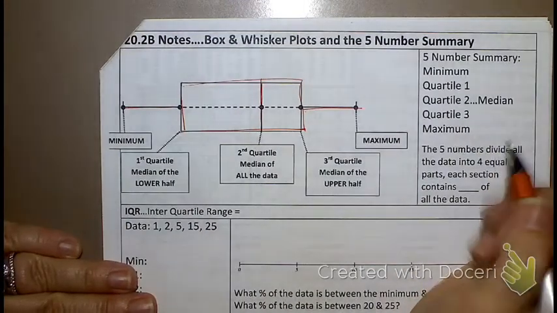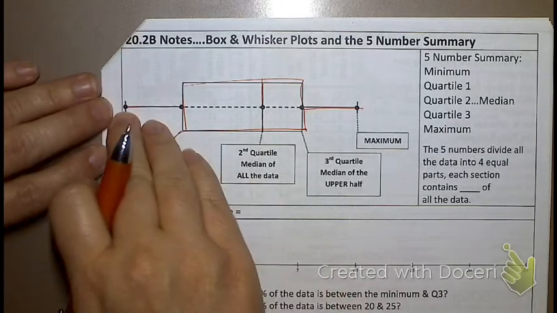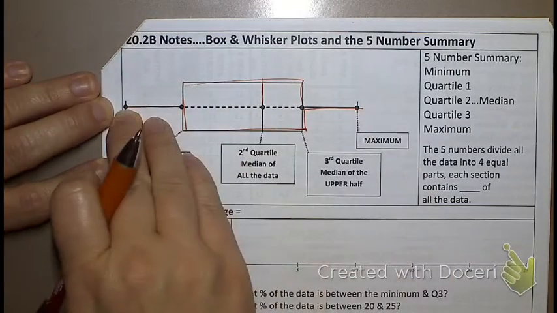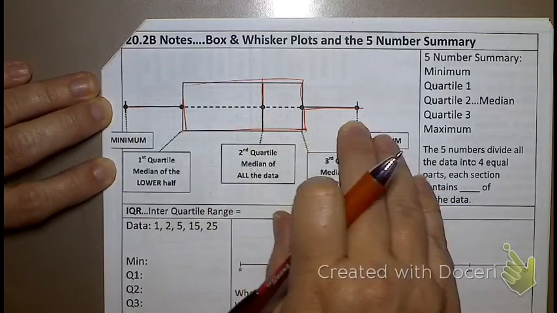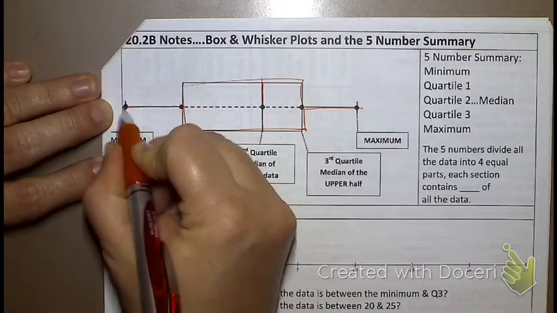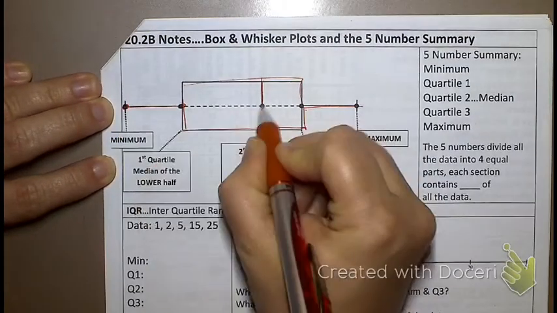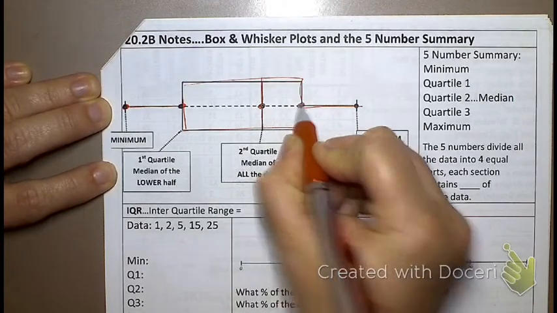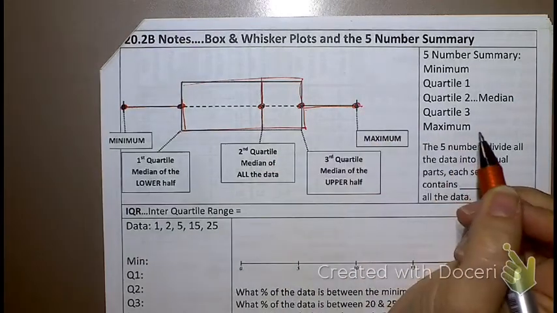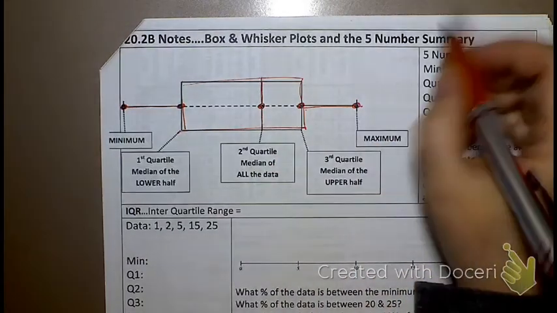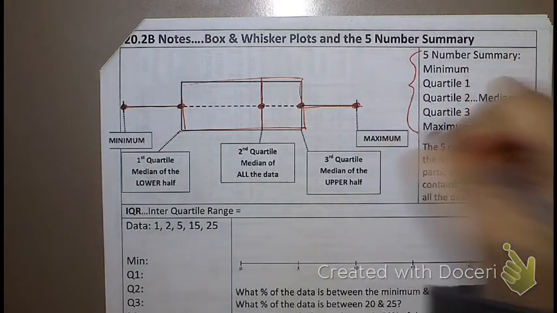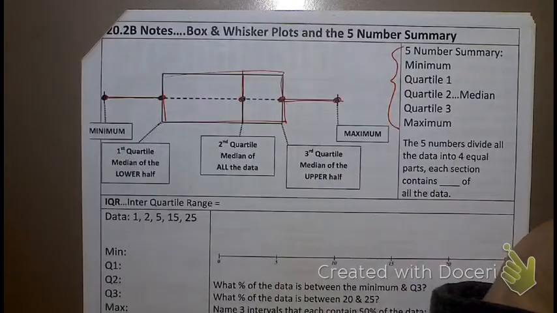The box and whisker plot, if you look at main things, you kind of want to think about this middle part as like a number line. Okay? You have 1, 2, 3, 4, 5 important points on that number line. Those 5 important points are called the 5-number summary.